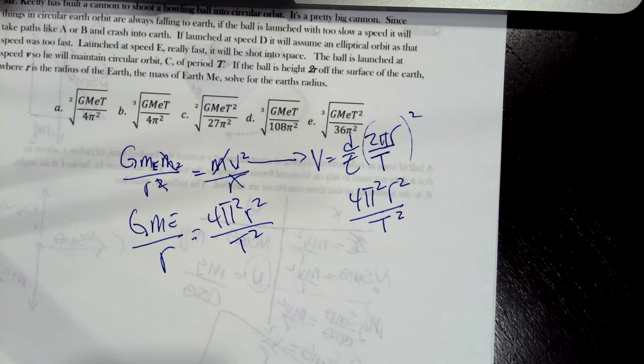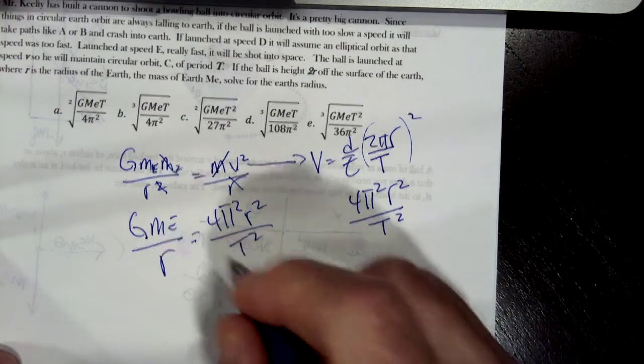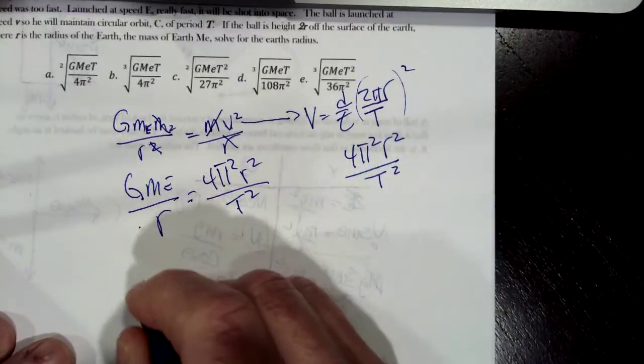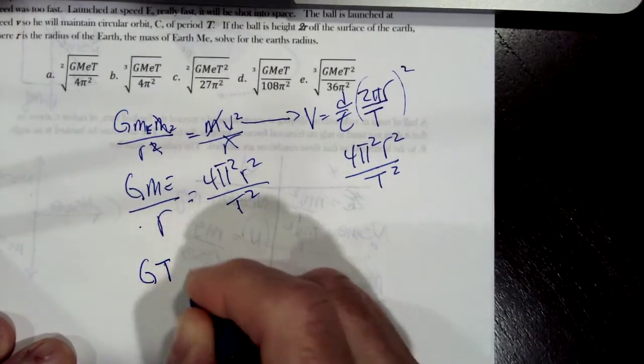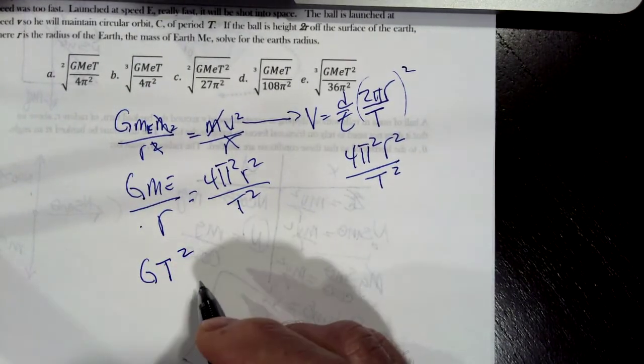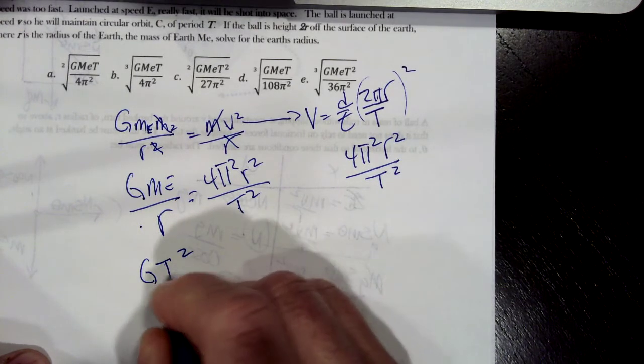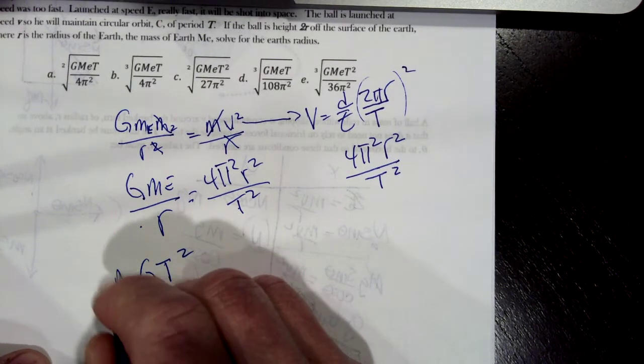I'm going to multiply the right and left by r and divide by this over here and multiply by that. So we'll end up with G T squared. Oh, I forgot about the mass of Earth. Stick that in here.